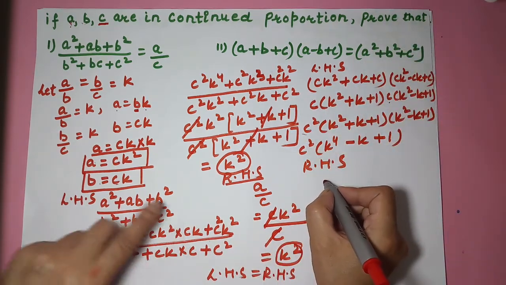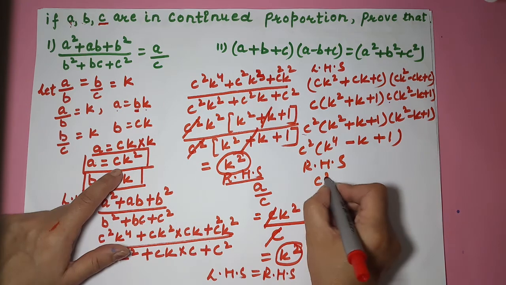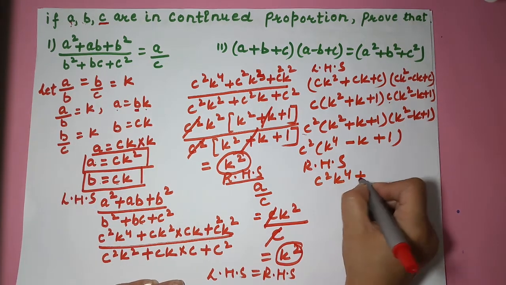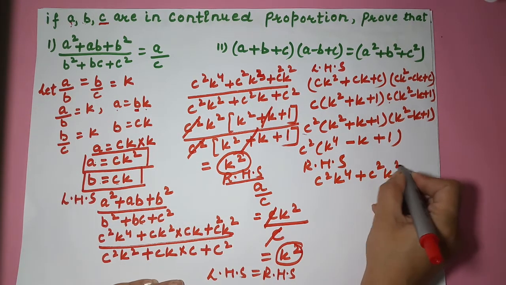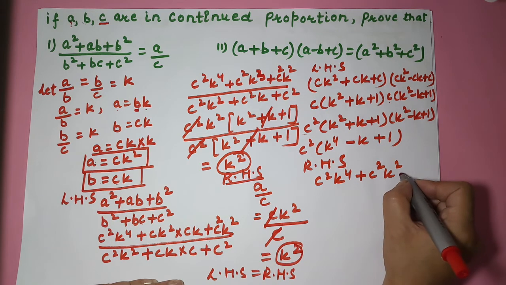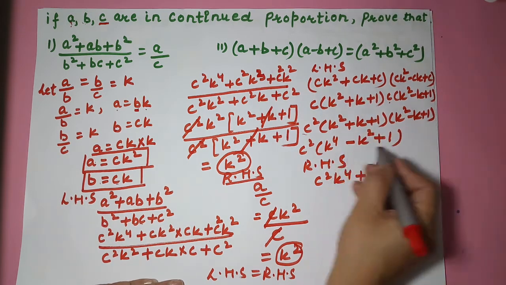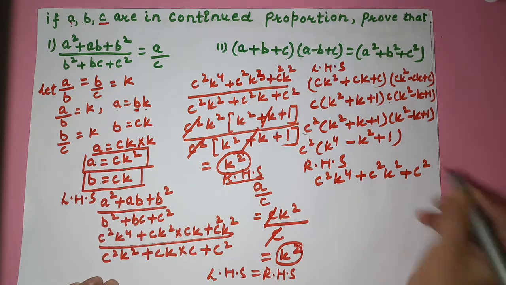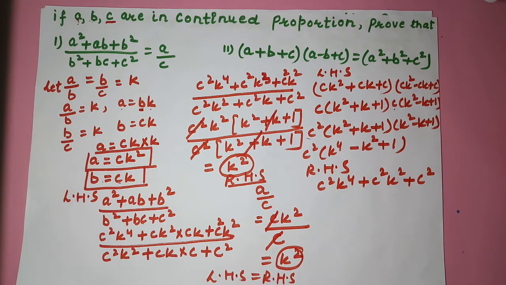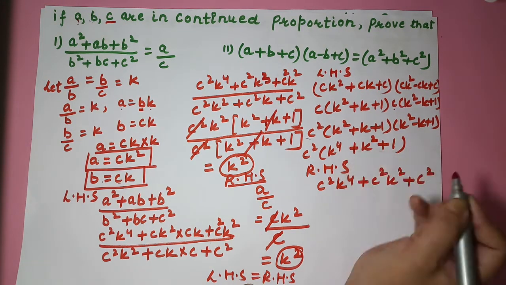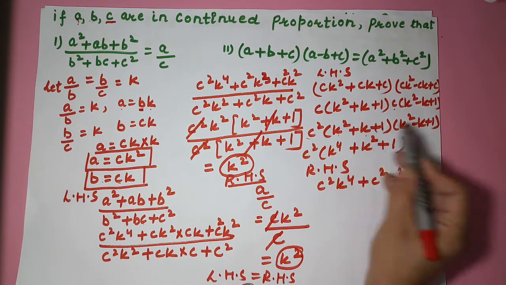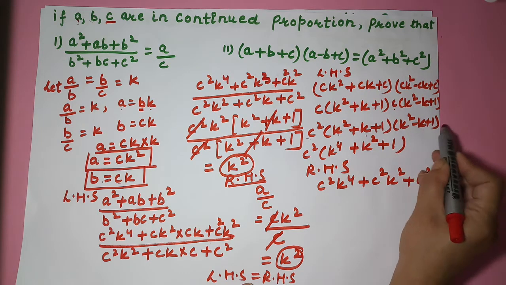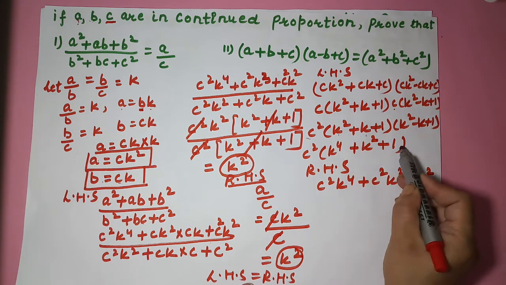How will I write A square? As C square K4. I have B square, I can write that as C square K square. And then I have plus C square, I'll keep that as C square. Yes, this identity is (K square plus K plus 1) into (K square minus K plus 1) is K4 plus K square plus 1.